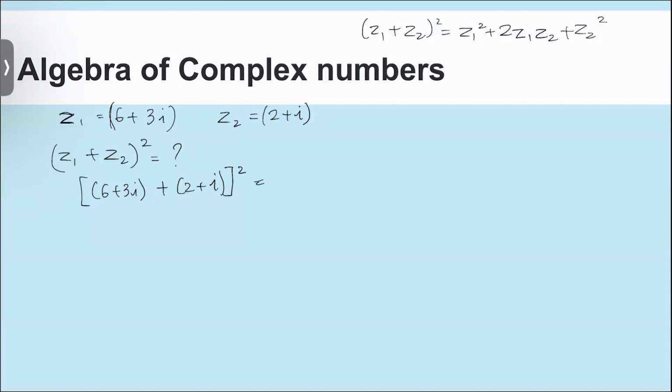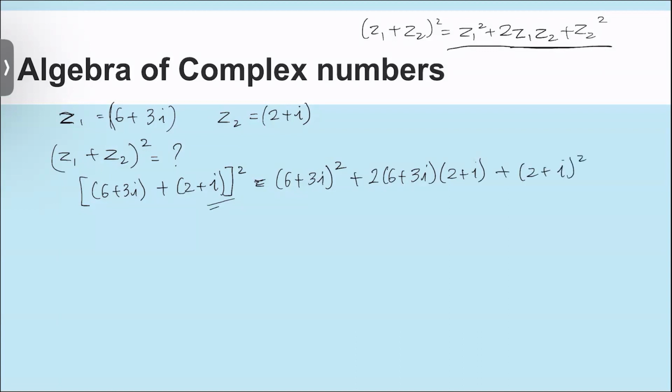Okay, so let's expand the terms over here, and we will write it in this form for the identity. So you will have (6 + 3i) squared plus 2(3i)... plus i, which is (2 + i) the whole square.